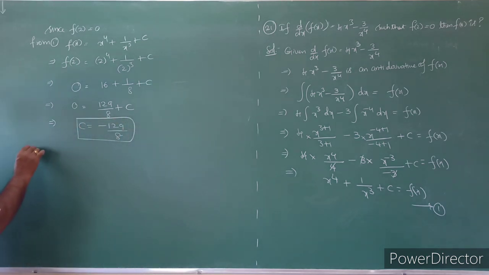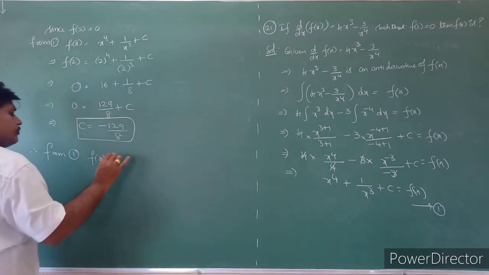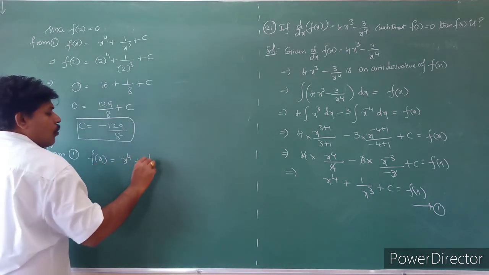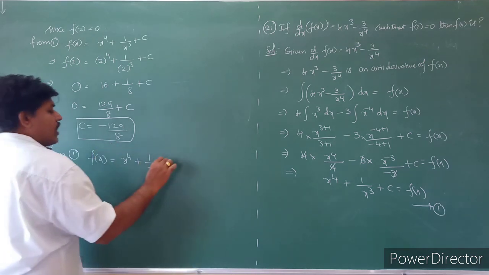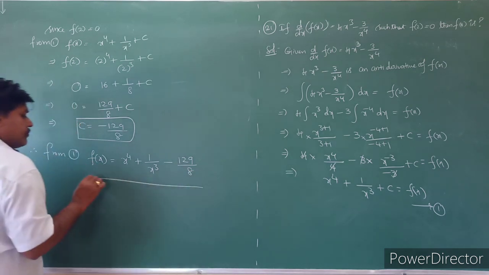Therefore, from 1, f of x is equal to x power 4 plus 1 by x cube plus c. What is the c value? The c value is minus 129 by 8.